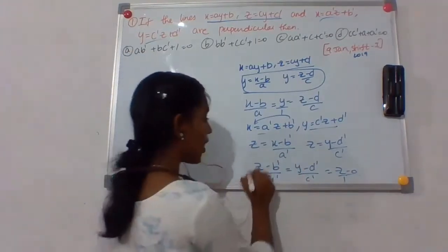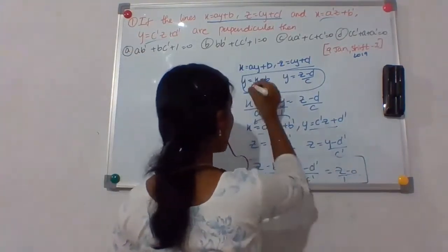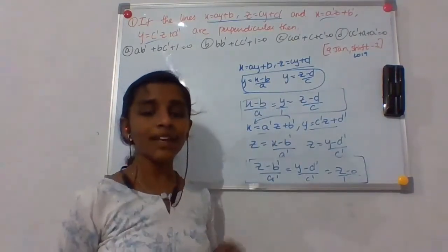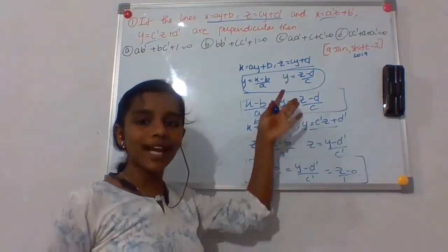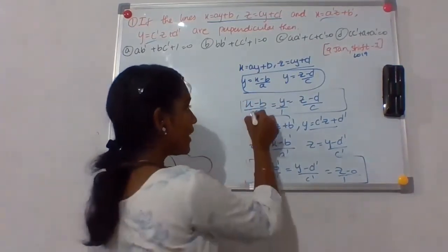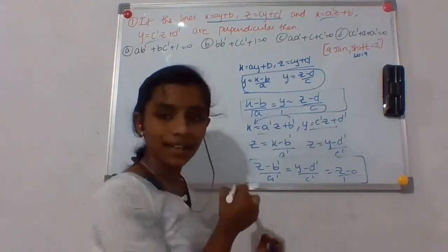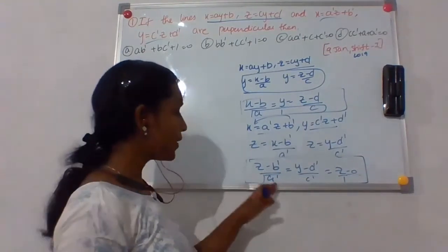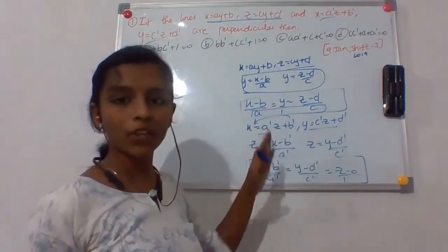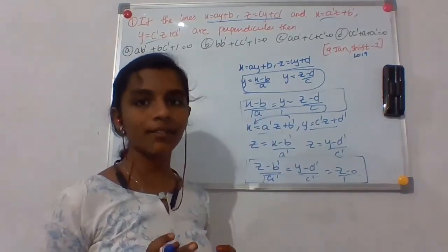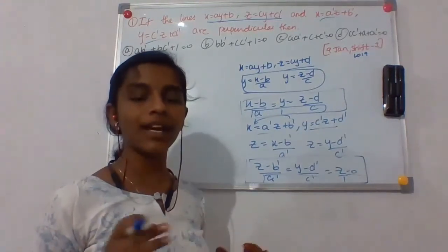Okay, so that is it. So now we have got the two equations. These are the two equations over here now. Okay, so now he is telling that these two lines are perpendicular. Then you already know that these are the DRs of this line and these are the DRs of this line. Now what you have to do is multiply both of them and you will get the dot product as 0. That is the only thing we have if they are perpendicular, right? The DRs.